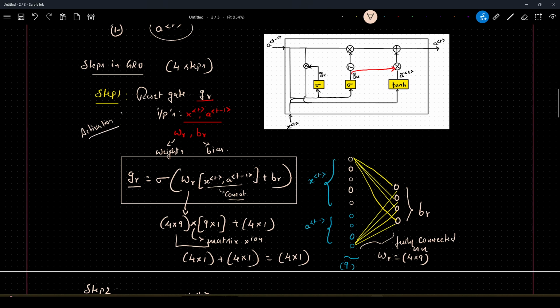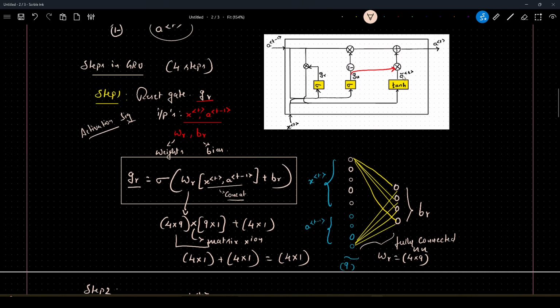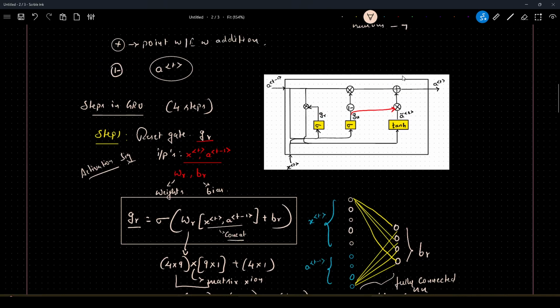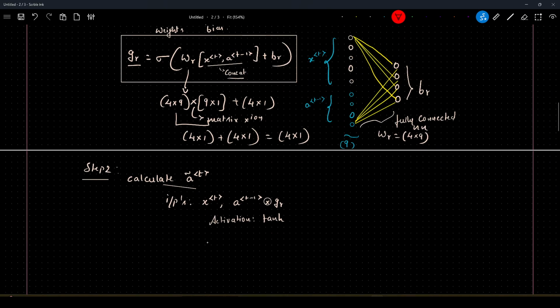Activation sigmoid. Okay, now coming back to step 2. Now we have to compute A bar t. This will have its own set of weights associated with it. Let's call it WA. So how do we calculate A bar t? It is simple.